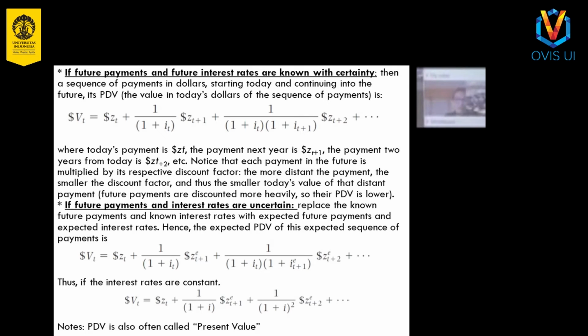Then if this is i, and the next one is i, and i, and so forth, you can replace all with the square here, the next one to the third power, the next one to the fourth power, the next one to the fifth power, and so forth. That is essentially the two different cases here. One case is you know exactly, you can predict or make a forecast. The second case is you don't know, and then you have to use the expected value.